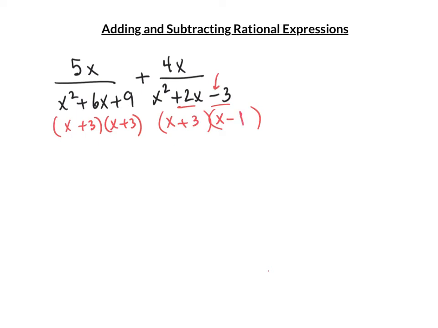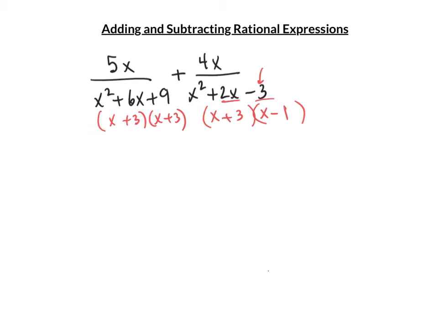Now I can see what my common denominator is. What's tricky about this one is you have to realize this side has two x plus 3s, x plus 3 quantity squared, which means this other side will have to have two x plus 3s also. So over here, I'm going to multiply by x plus 3 over x plus 3.